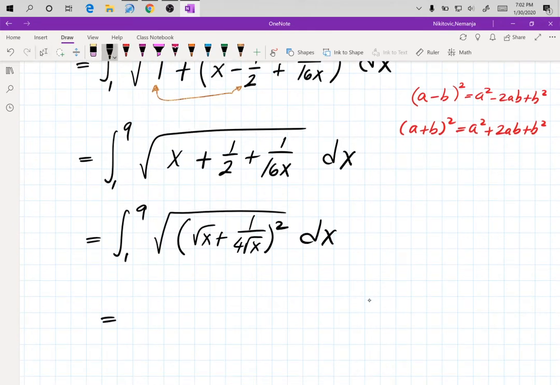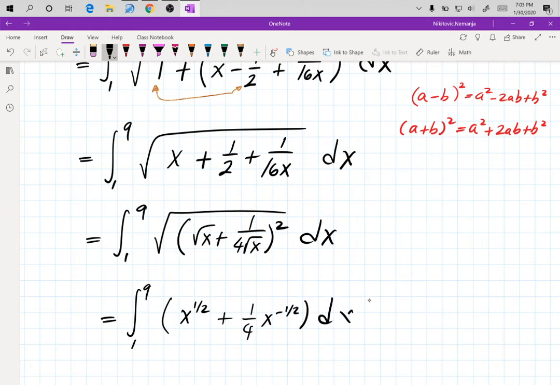Now we have just integral 1 to 9, and this is simply going to be x, right? The root kills the square, so square root of x plus 1/4 x to the negative 1/2.